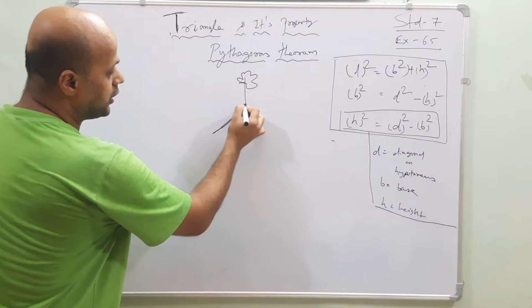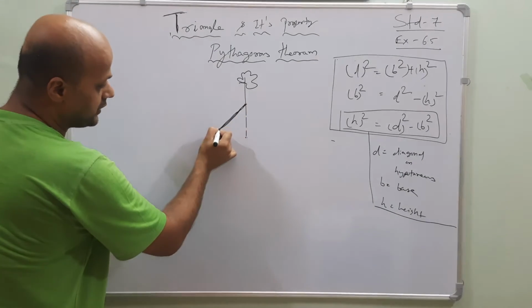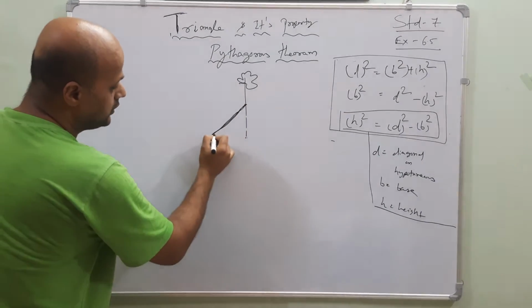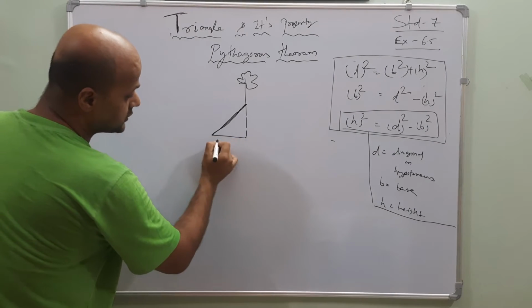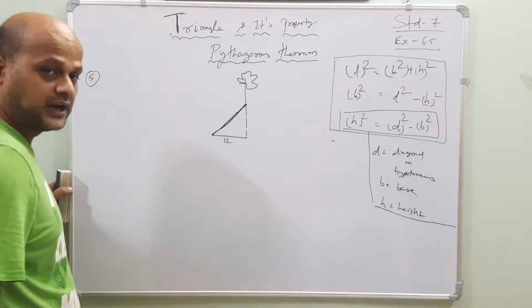Now when it is broken down, the tree touches the ground at a 12 meter distance from the foot of the tree.